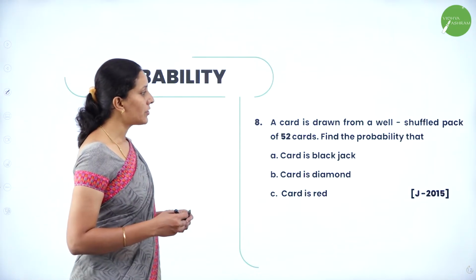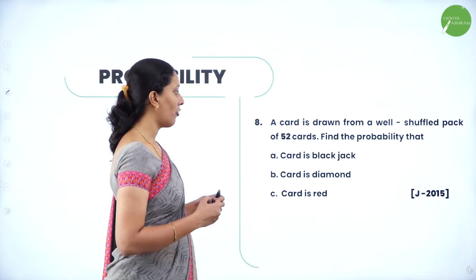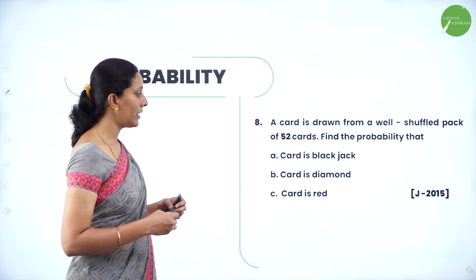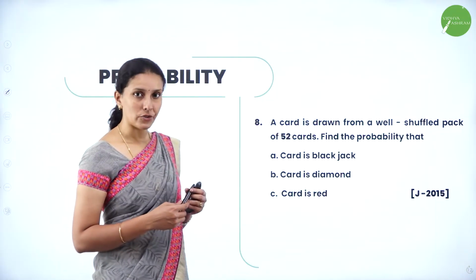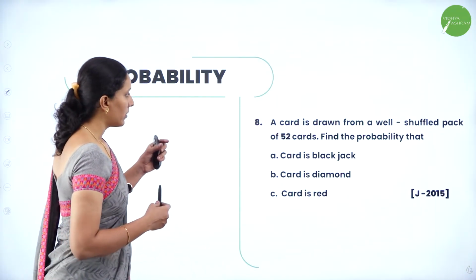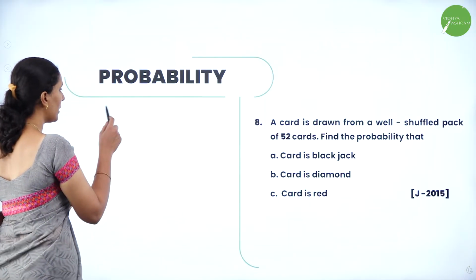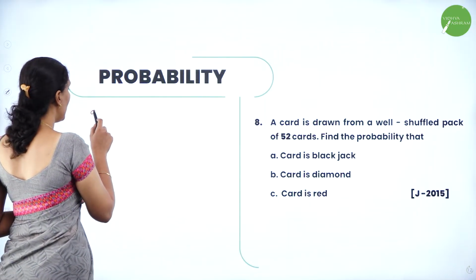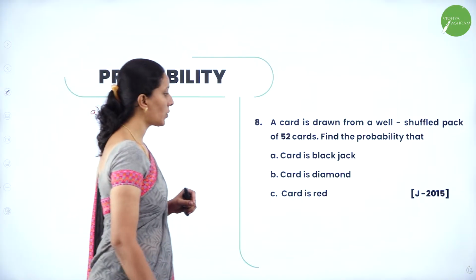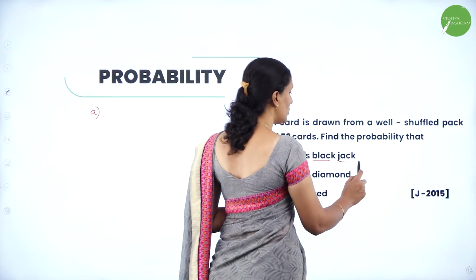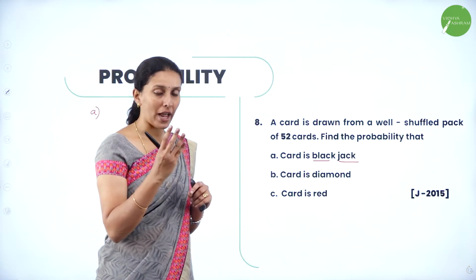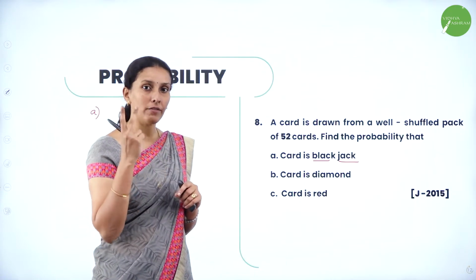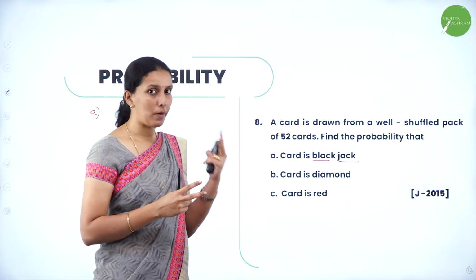Next, a card is drawn from a well-shuffled pack of 52 cards. Find the probability that the card is a black jack, the card is a diamond, the card is red. So, drawing a card, total number of cards is 52. Let me look at the first question. The first question says black jack. So jack is a face card. So you have 4 jacks, and out of 4 jacks you have 2 red jacks and 2 black jacks.